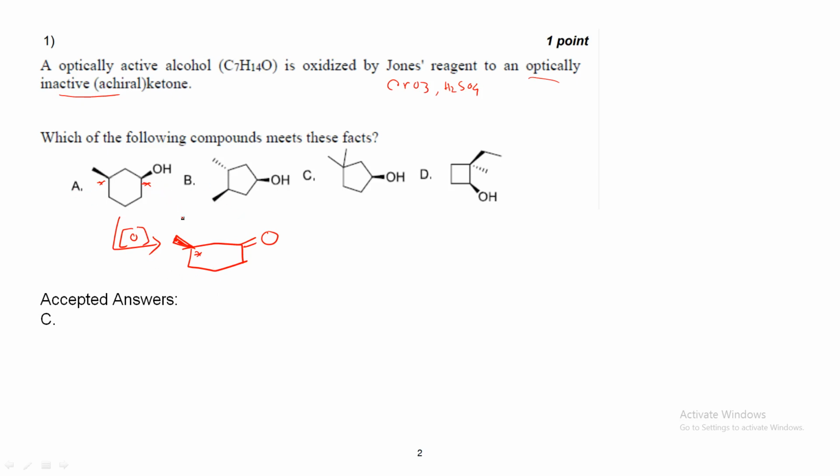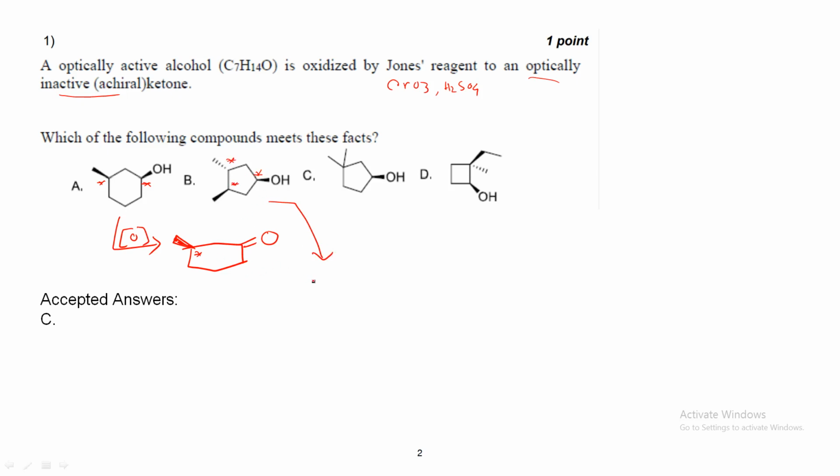With oxidation, you are clearly seeing this alcohol part, this particular chiral center, is destroyed. So what does oxidation do? It just kills this particular chirality and makes this chiral center an achiral center. Now for B, this molecule again contains three chiral centers.